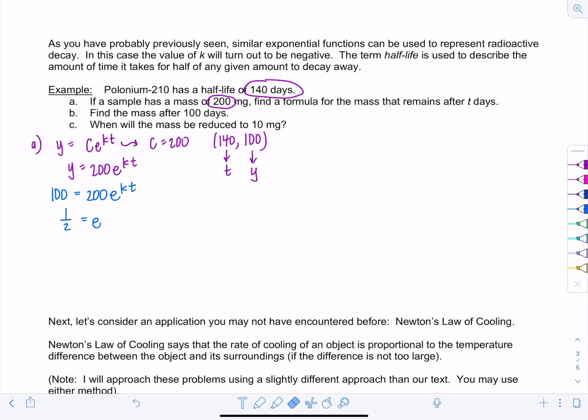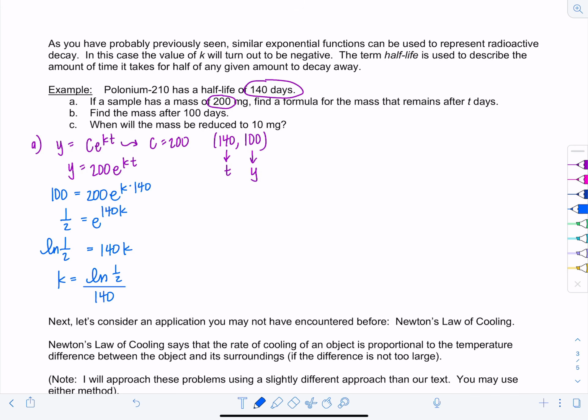Oh, excuse me, I need to plug in 140 for t times k. So e to the 140k, take the natural log of both sides. I have ln of 1/2 equals 140k. So k equals ln of 1/2 over 140.